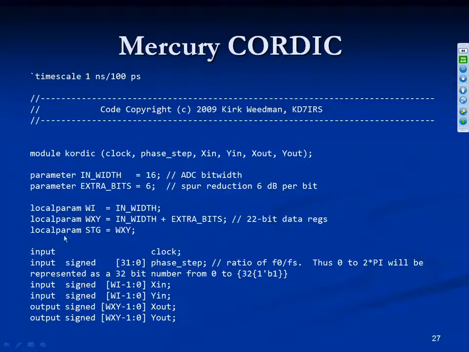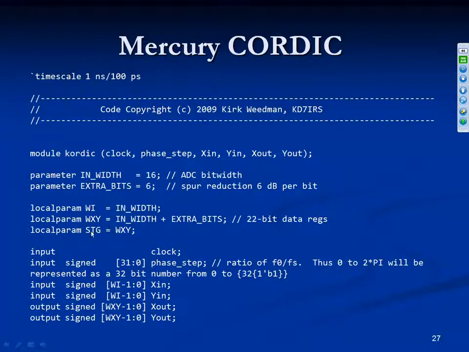Then you'll see that there's some local parameters, like wi is equal to the in width, and I use it down here to define how wide the xn and the yn are. They're equal to whatever the in width is. And the out width will be this wxy, and that will be the in width plus the extra bits, 22 bits.